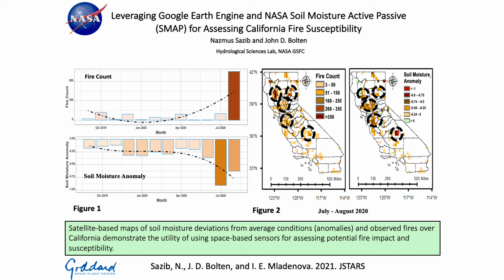Right here, this is a pretty cool example of assessing fire risk through satellite-based observations. And it's pretty simple and very straightforward. On the top left, you see the time series of observed fire counts from satellite. And on the bottom, you see just a time series of lag correlation of soil moisture anomaly. Pretty straightforward, but also a wonderful demonstration of the value of soil moisture.